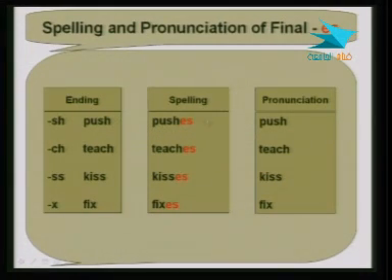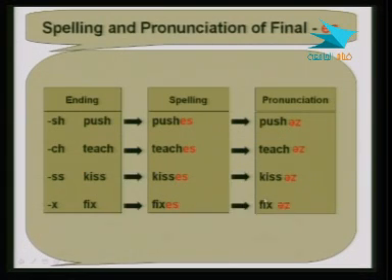es وليس s فقط. لاحظ هنا pushes, teaches, kisses, fixes، وأيضا كيف ينطق is فنقول pushes, teaches, kisses, fixes.